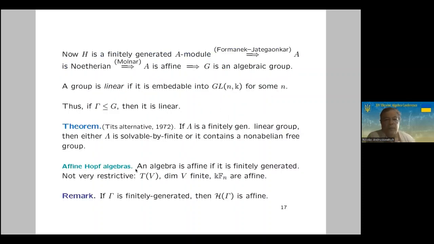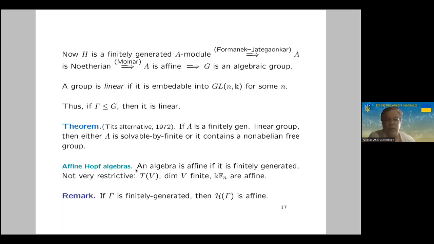Now, H is a finitely generated A-module, and since H is Noetherian, by a classical result by Formanek and Jategaonkar, A will be Noetherian, and by Molnar this will imply that A is affine, meaning that it is finitely generated, and therefore the group G is an affine algebraic group.